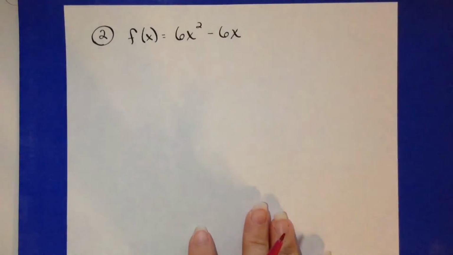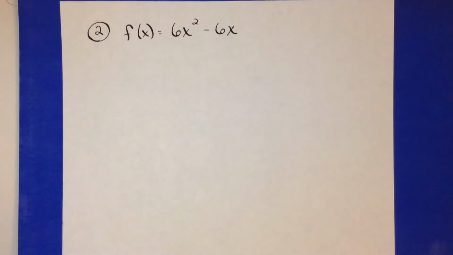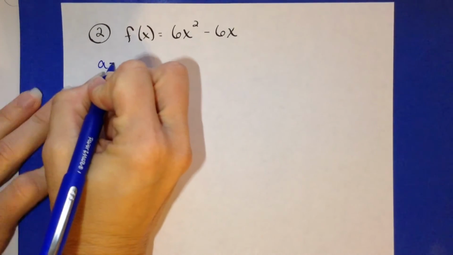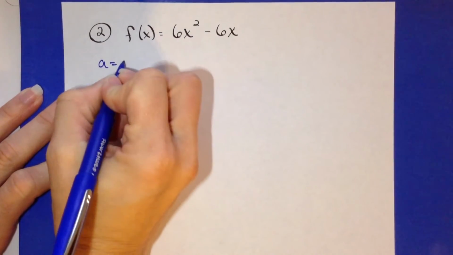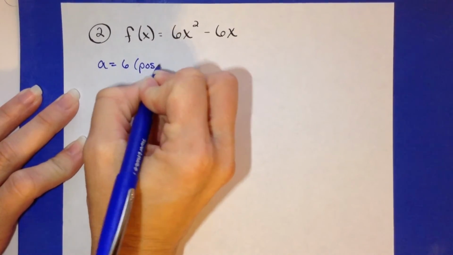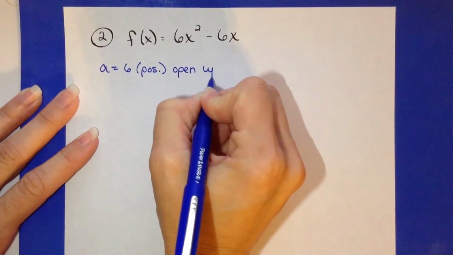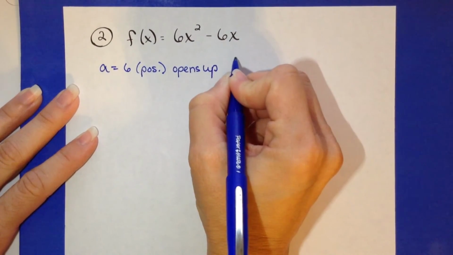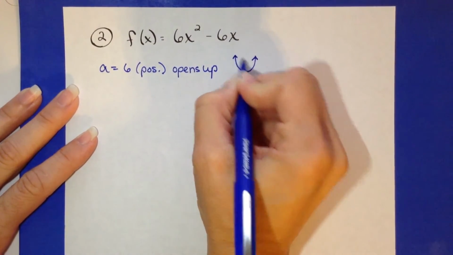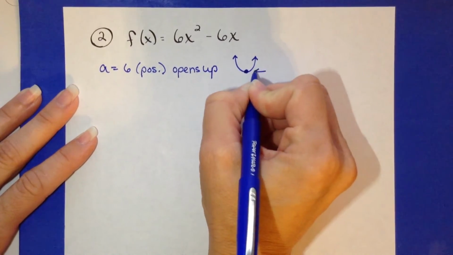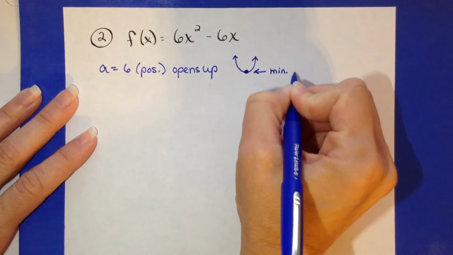Okay, another one of these real quick. Okay, so on this one, again, let's identify our a value. So a is going to be the 6, so that's positive, which means that my parabola is going to open up this time. Okay, so if I were to sketch off a parabola that opens up, my vertex is here at the bottom, so this time I'm dealing with a minimum point.